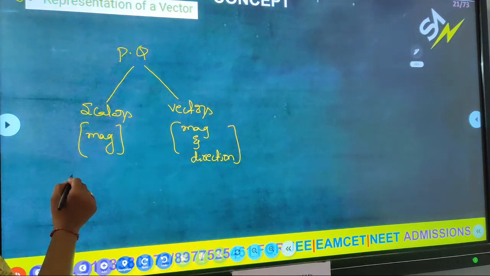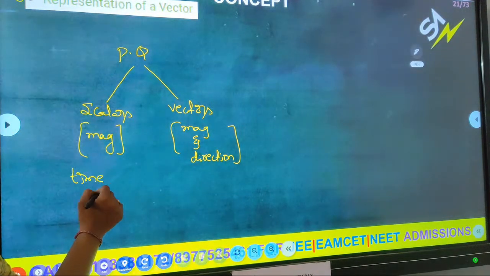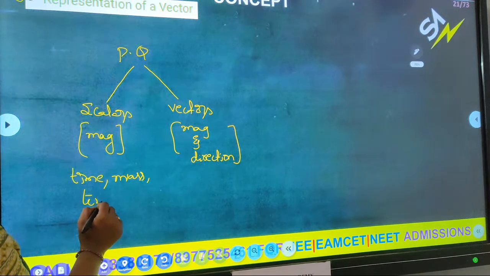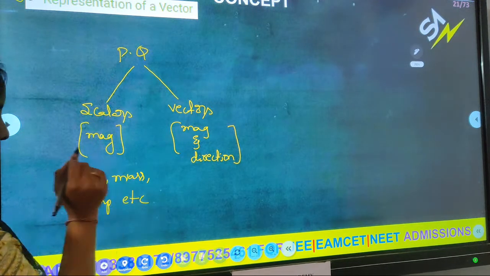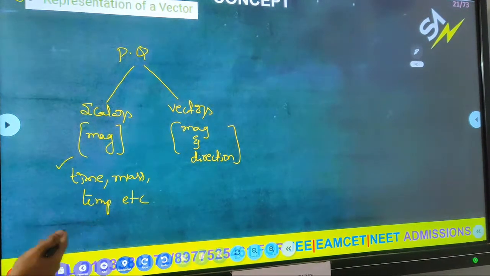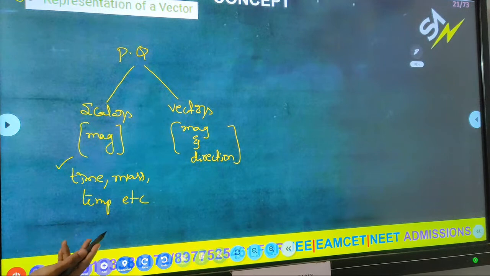Example, you can give scalar quantities: time, mass, temperature, etc. These quantities can be added, subtracted or multiplied by using normal algebra.